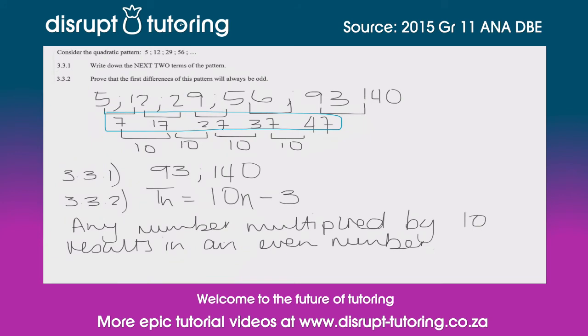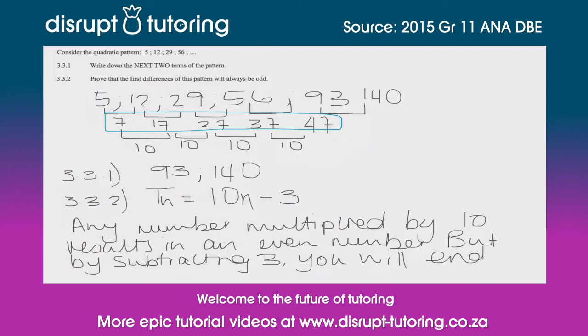The second point is, but by subtracting 3, you will end up with an odd number. And by justifying that, you will get the full marks for this question.